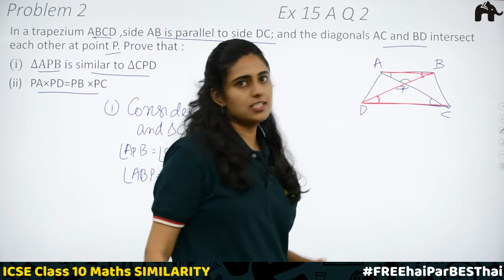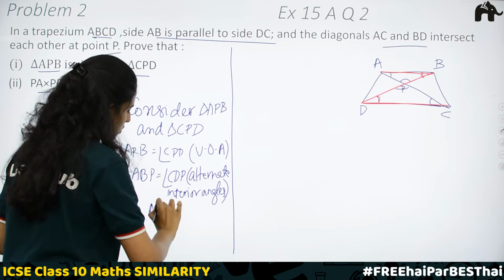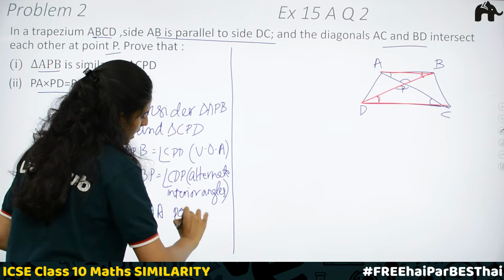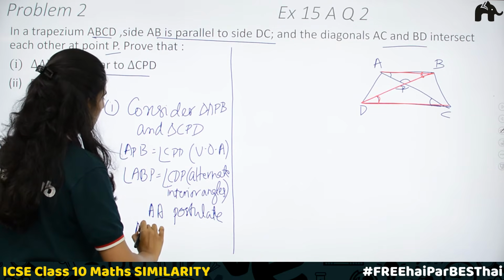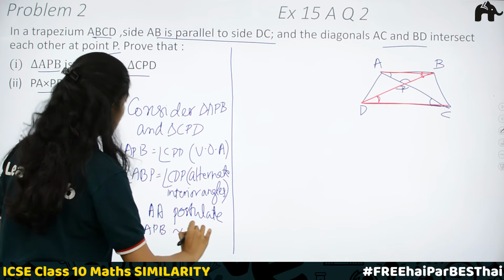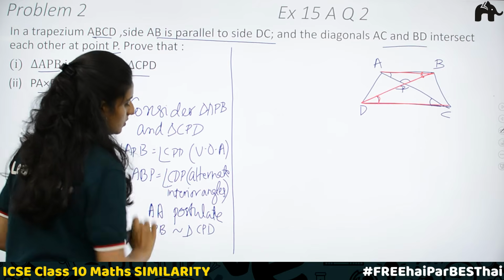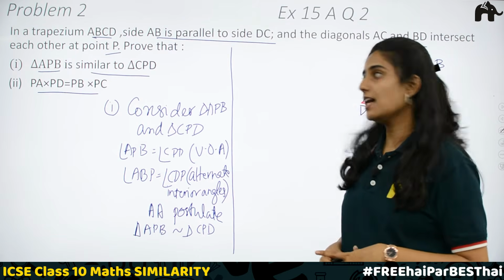They are also alternate interior angles. But this is not actually necessary. We have got two angles. So, using the AA postulate, we have triangle APB similar to triangle CPD. So, the first part is clear. We have proved these two triangles are similar.